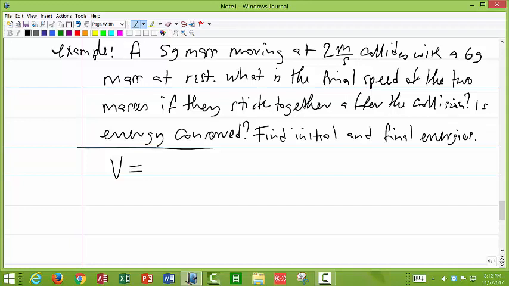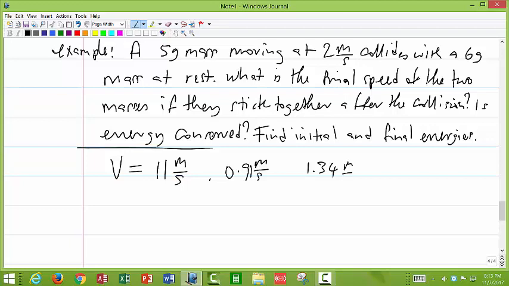What is v? You got 11 meters per second. Is anyone getting a different answer? So we have 11. Okay. So we have 0.9, 0.91 meters per second. You have 1.3, 1.34.